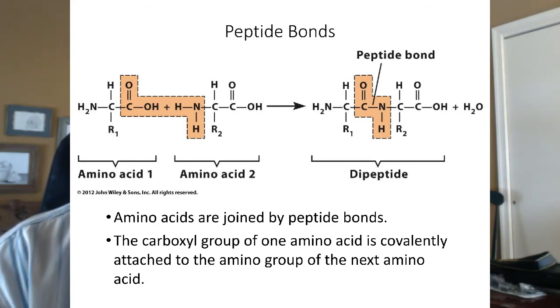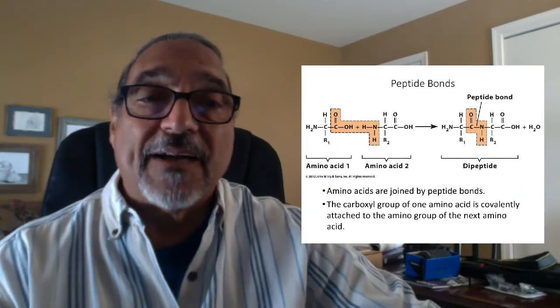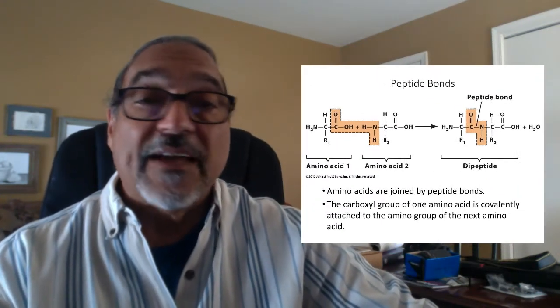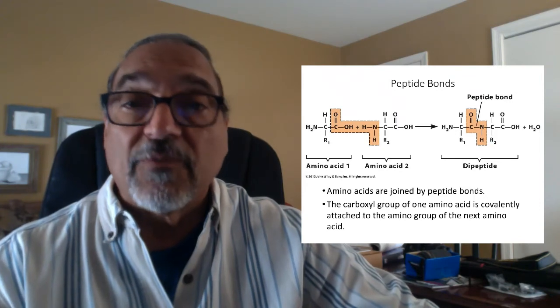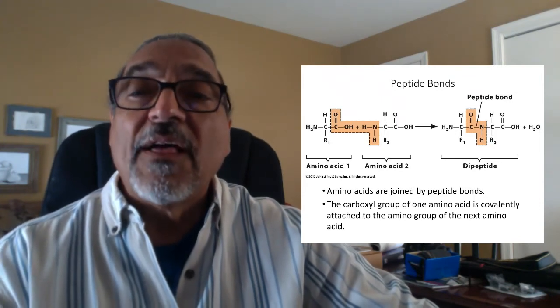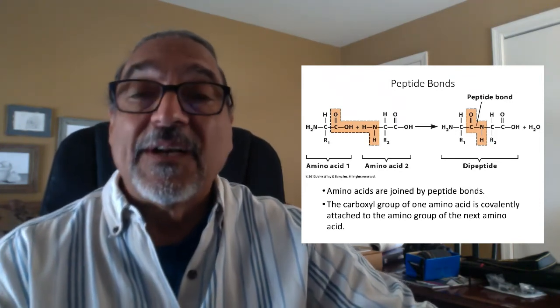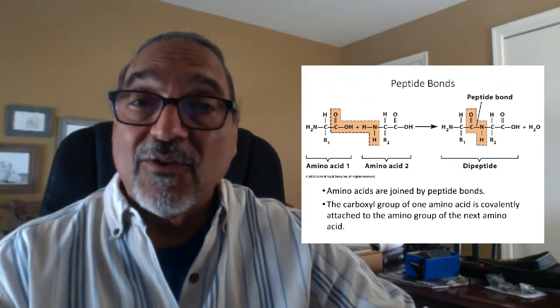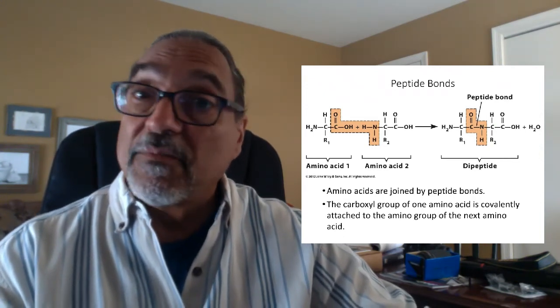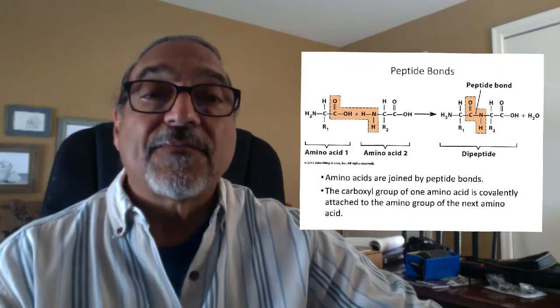So that is a pretty tough bond to break. So peptides and proteins actually are very, very strong. Think in terms of spider silk, think in terms of your fingernails, think in terms of even your hair. It's very tough.